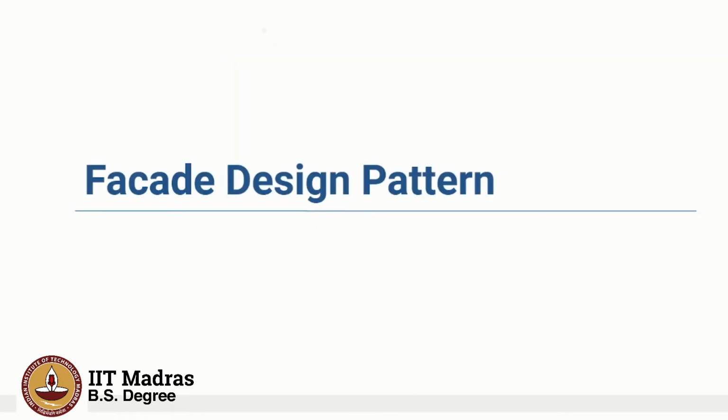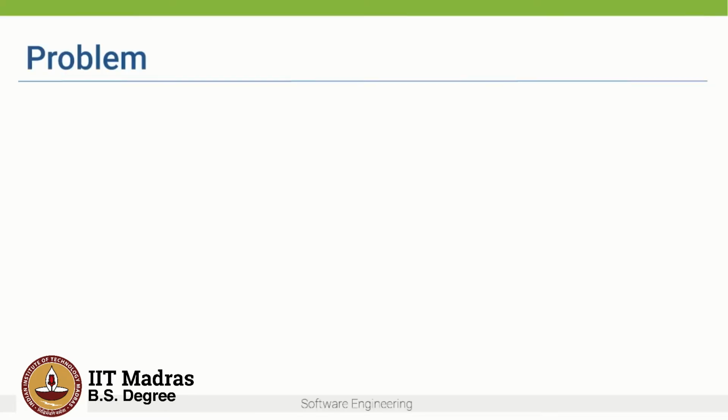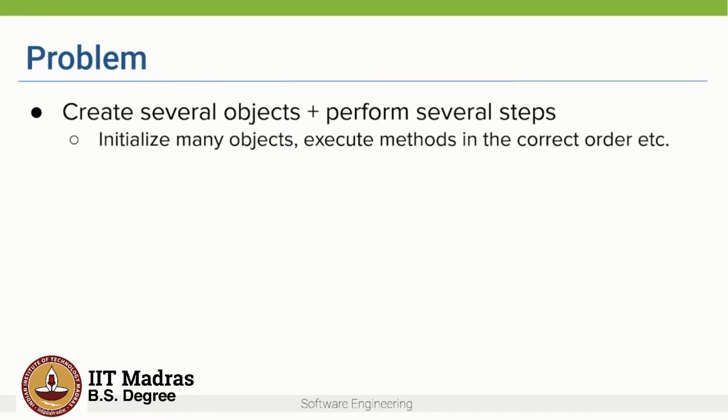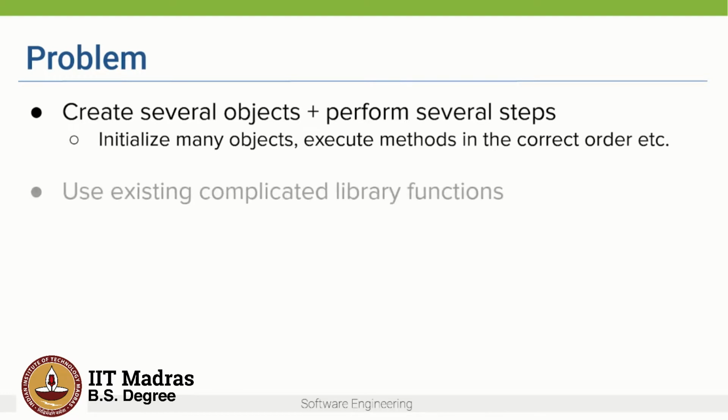The first structural design pattern we are going to look at is the facade design pattern. So let's say you have to create several objects and perform several steps. Let's say you have to initialize many objects, and for a particular task you need to execute methods in the correct order, give the right parameters, etc. Or you need to use existing complicated library functions.